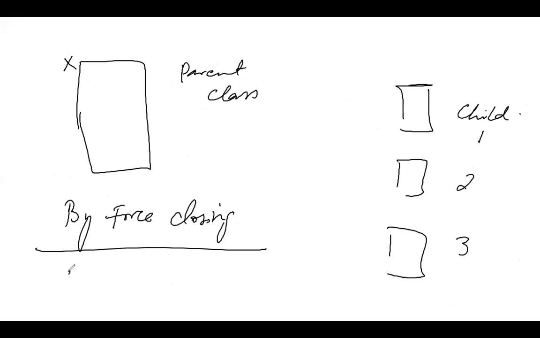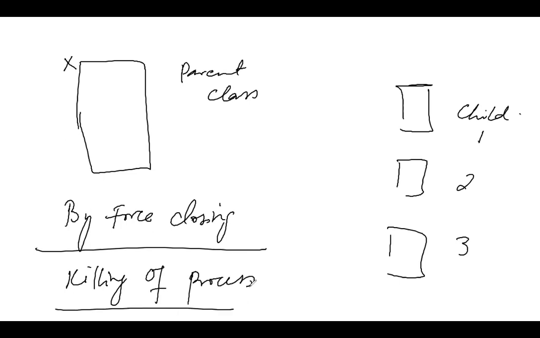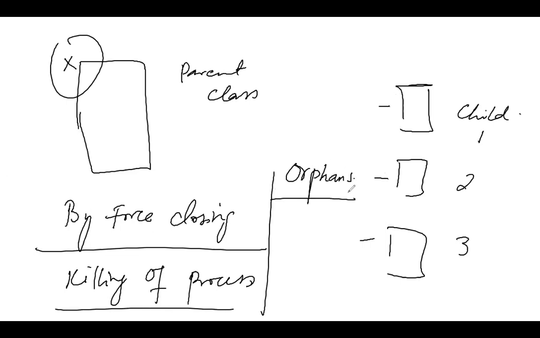And that's why it is called killing of processes. And when you close this parent process by force, then these child processes will remain over here, and that's why they will be called orphans inside the system, because their parent process is no more available to protect them.